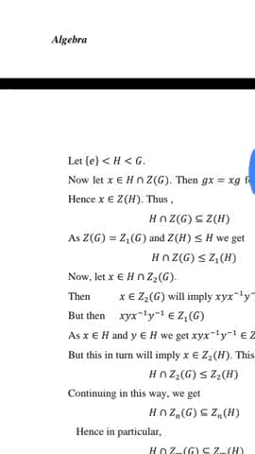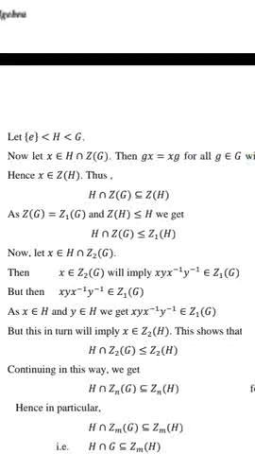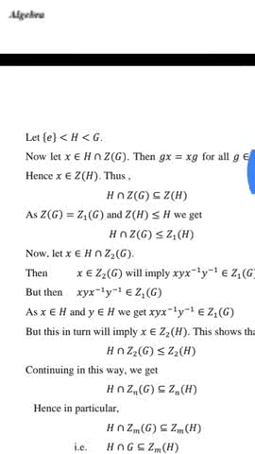Thus, H intersection Z(G) is a subset of Z(H). Therefore, as Z(G) is equal to Z_1(G) and Z(H) is a normal subgroup of H, we get H intersection Z(G) is a subgroup of Z_1(H).